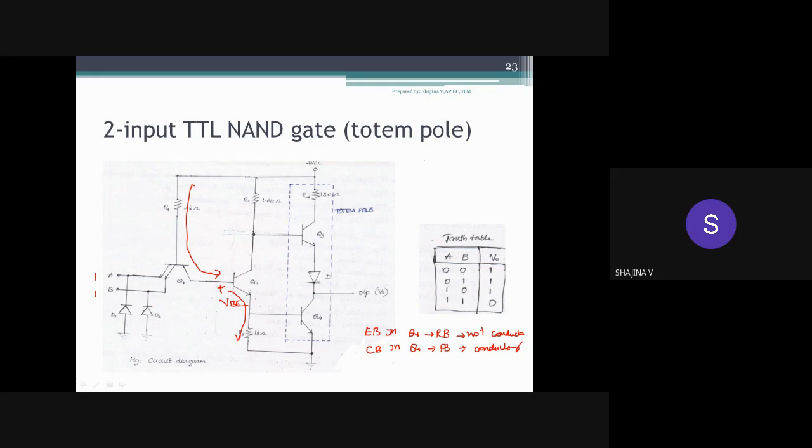You must have studied the condition for a transistor to turn on. That base emitter junction voltage for silicon, if it is greater than 0.7 volt, we can say that junction will be forward biased, or we can say the transistor will start conducting, or the transistor will turn on when VBE is greater than 0.7 volt.